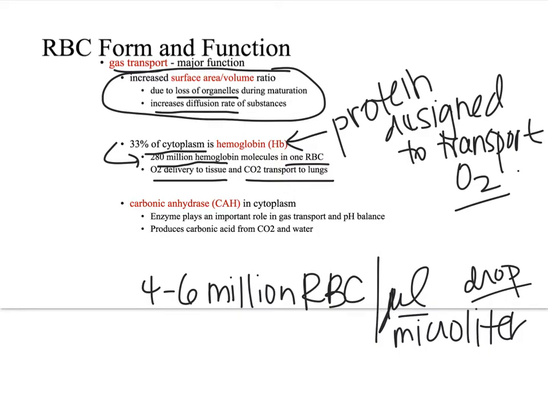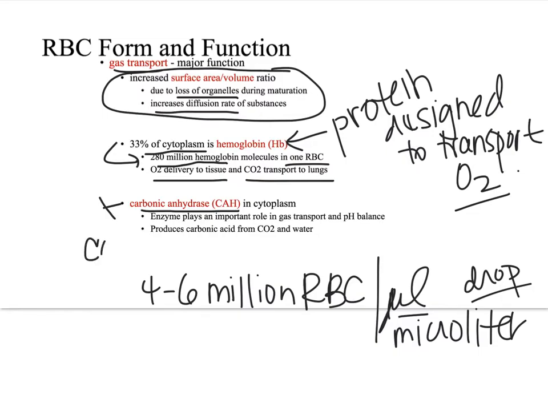Another thing that red blood cells have that other cells don't have is carbonic anhydrase. Carbonic anhydrase is an enzyme that catalyzes a reaction.